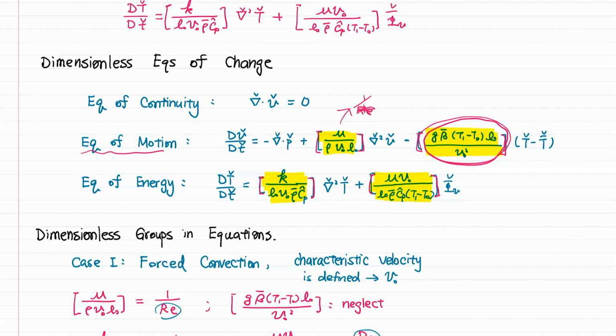And then for the equation of energy, you can look at the first term, which is 1 over the Reynolds number times the Prandtl number. And this would be the Brinkman number over the Reynolds number and the Prandtl number.